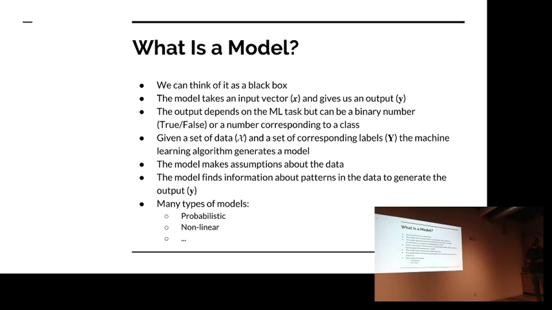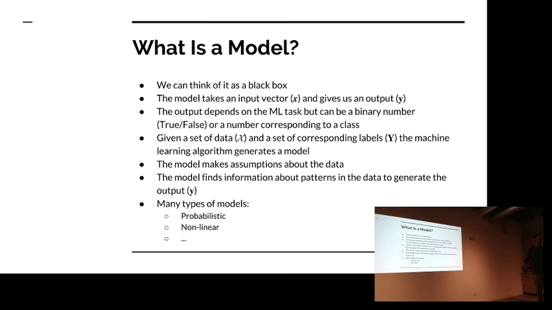And that gives us an output of y, and that can either be a quantity, so if you're doing regression, it'll be an actual number, or if you're doing some sort of classification, like spam or not spam, that can be a binary number. It really depends on the task that you're working on. Given a set of data x, it generates a solution that correctly predicts the corresponding labels y.